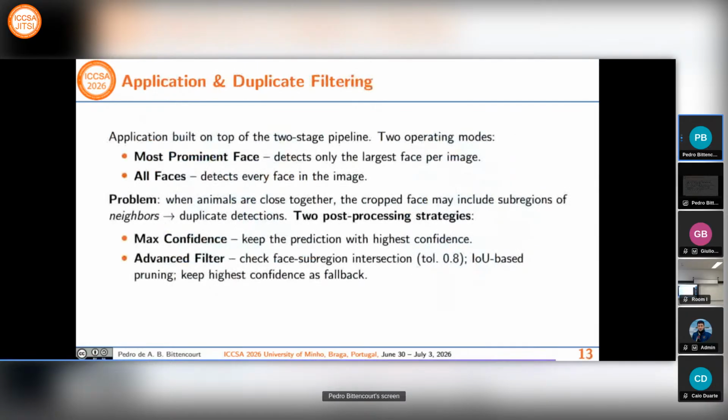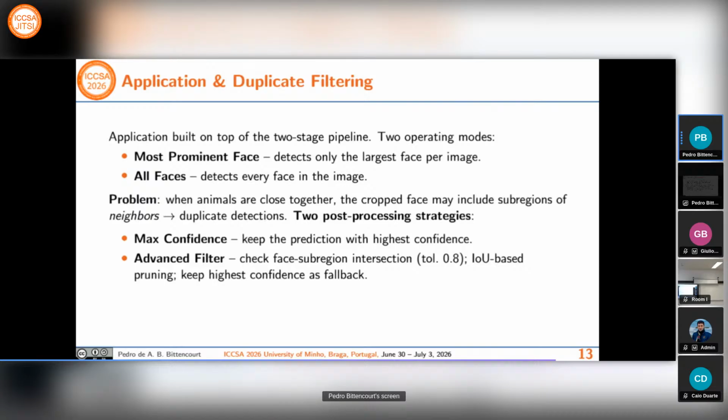We also built a complete application on top of our two-stage pipeline with two operating modes. The most prominent face mode detects only the largest face per image, while all faces mode detects every face. An interesting challenge we encounter is that when animals are close together, the cropped face region may inadvertently include a subregion belonging to a neighboring animal, resulting in duplicate detections.